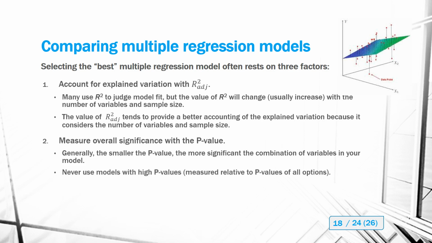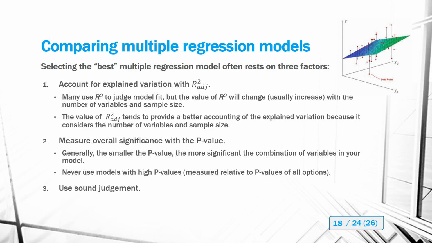However, you never want to use a model with high p-values. Now, what's high and low? That's relative. Those are relative terms, and you measure that based on the p-values for the other regression models that are in the list that you're going to be considering. We'll look at that in a moment, and when we do, I think that'll make much more sense as to how to measure what relative means.